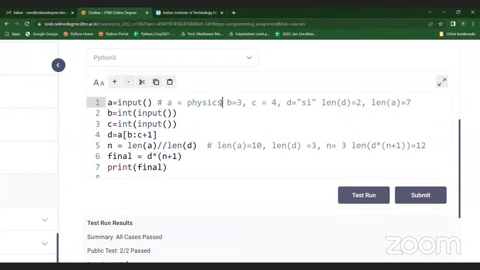Len is different, the index is different. Length is the number of characters in the string. The indices will be like 0, 1, 2, 3, 4, 5, 6.